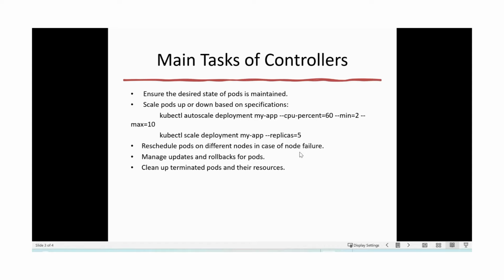Let's say one of the nodes fails where multiple pods are running. The controller will create new pods on another VM which is healthy. And manage rolling updates and rollback of pods, which I have explained in my previous video, and clean up the terminated pods and their resources. All these activities are done by the controller.